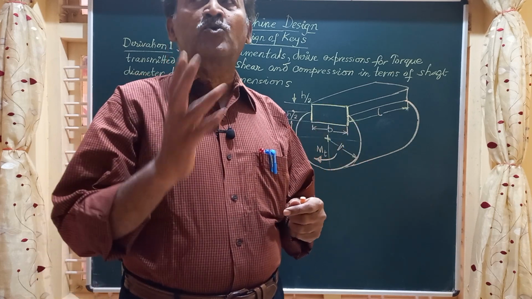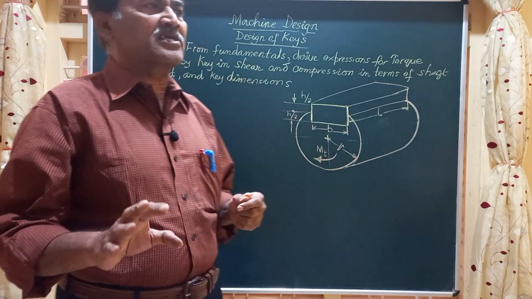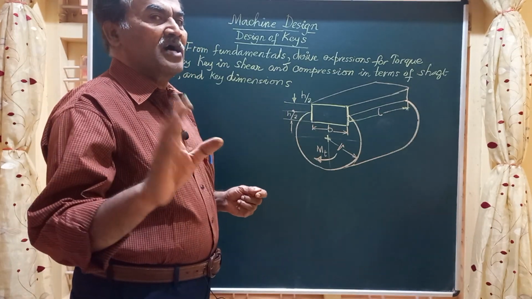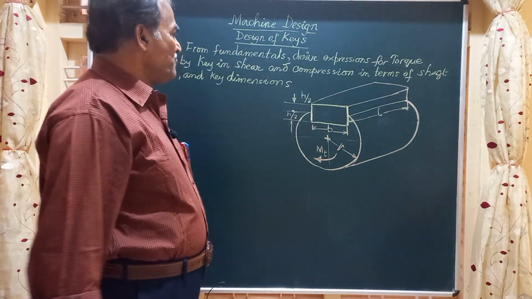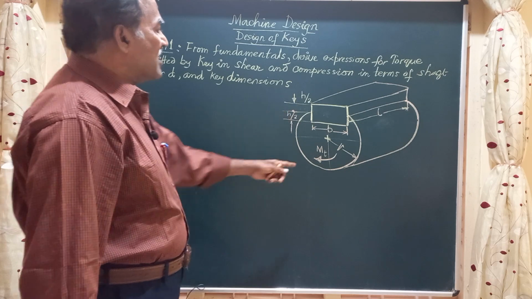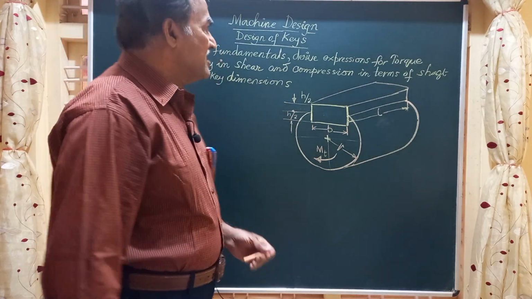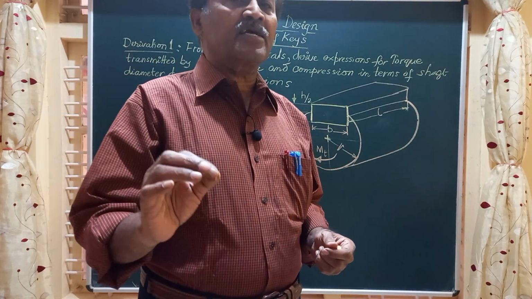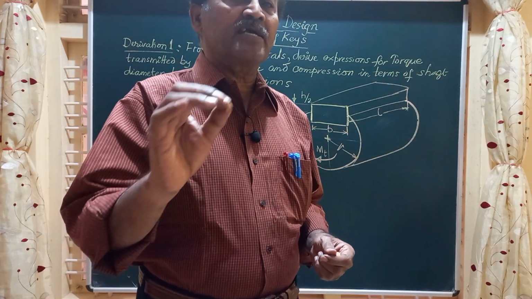There are only two ways in which a key fails. It could be by shear of the key or by the compression or crushing of the key. Friends, if Mt is the torque being transmitted, we will take them one by one. First of all, we will consider the failure of the key in shear.